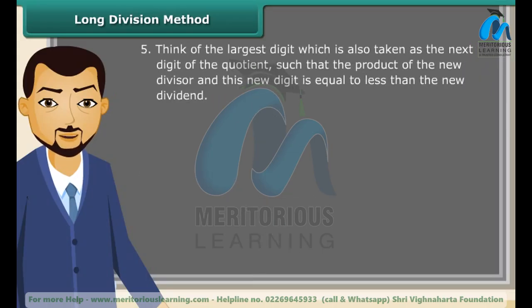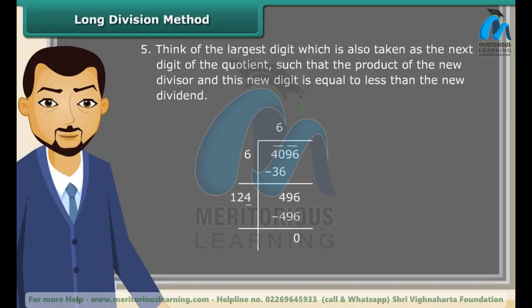Next, think of the largest digit, which is also taken as the next digit of the quotient, such that the product of the new divisor and this new digit is less than or equal to the new dividend. Here we have 124 multiplied by 4 equal to 496. Since the remainder is 0, the square root of 4096 is 64.